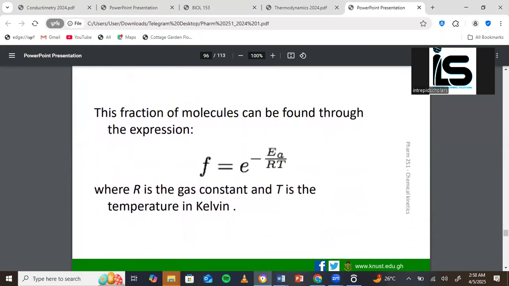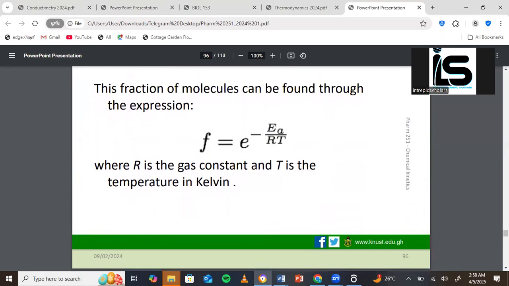Now, stemming from the distribution, the fraction of molecules is calculated theoretically as exponential of minus EA over RT. EA is the activation energy, R is the gas constant, and T is temperature in Kelvin. So the distribution was the behavior of gases.